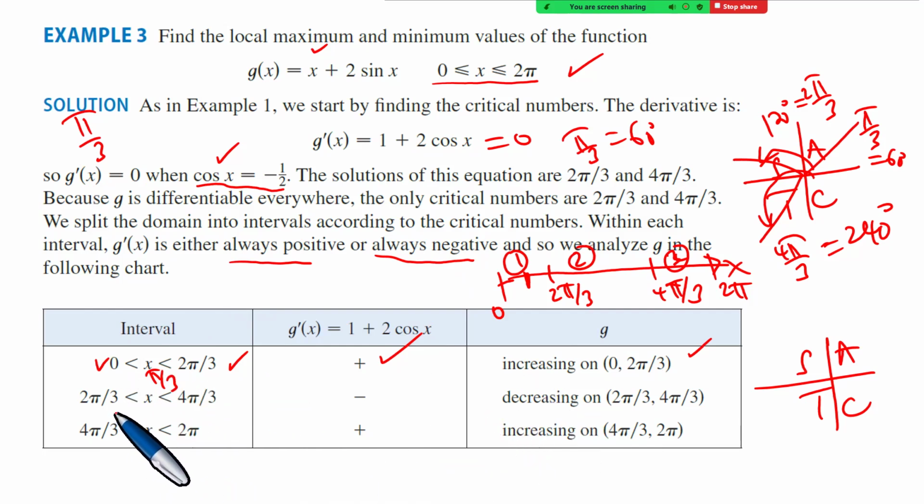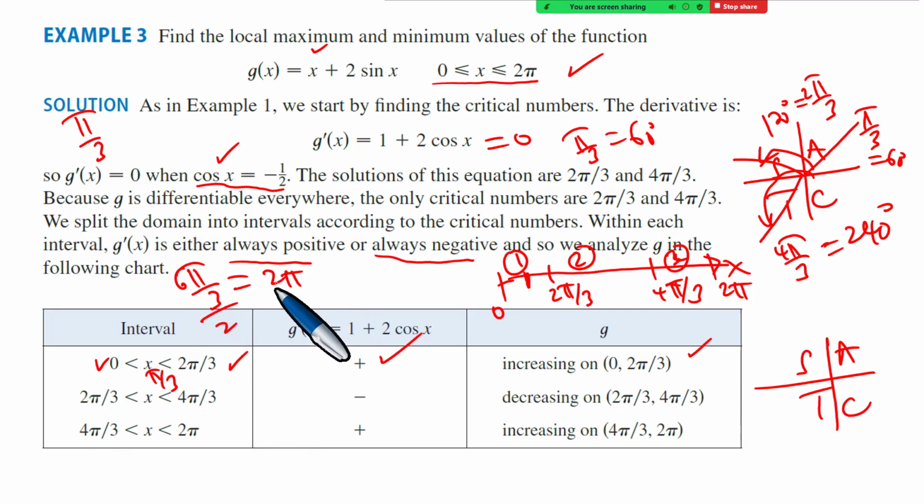Between 2 pi out of 3 and 4 pi out of 3, exclusive, we take the middle. What is the center number? You take this, you add this to that, and you divide by 2. When you add 2 pi and 4 pi, you get exactly 6 pi out of 3, which becomes 2 pi.